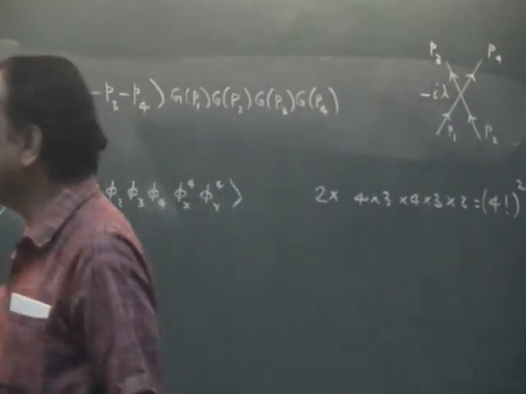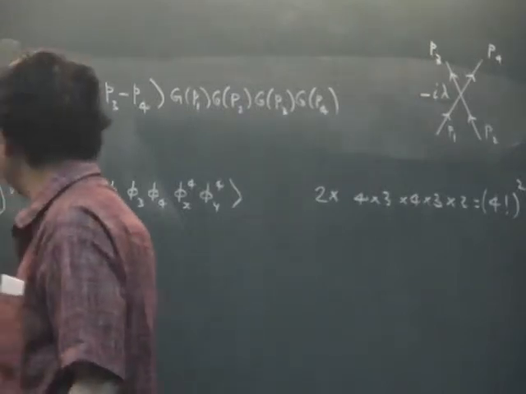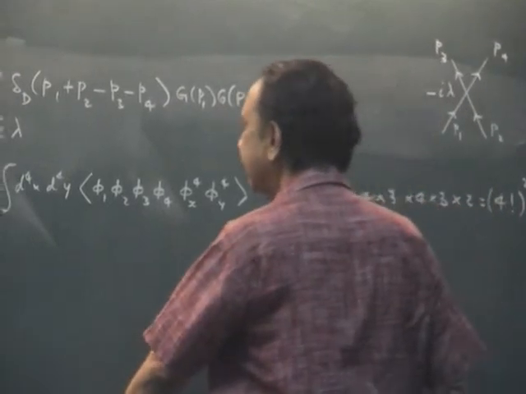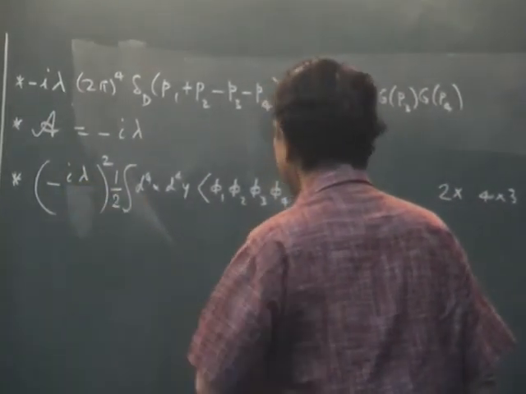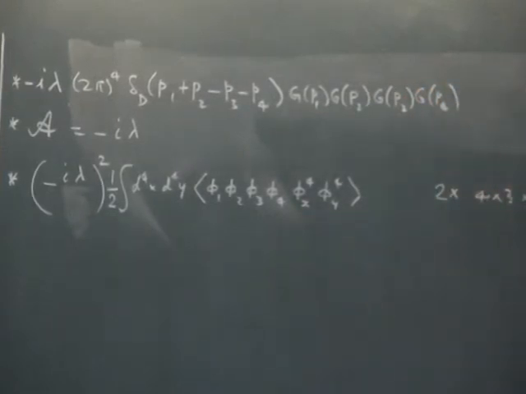That is because when I do it to quadratic order, it is e to the x, which is x square by 2 factorial. Okay, so there is a factor. This is what you have. Now let us see what further things we can do. So diagrammatically, what have we done? We have taken a phi 1, which is at x1, and I have connected it to x. This is x.